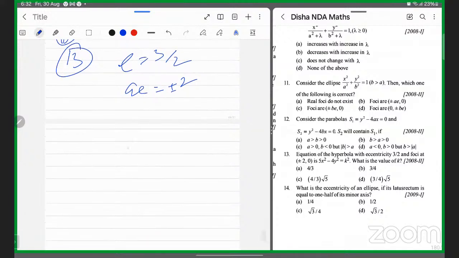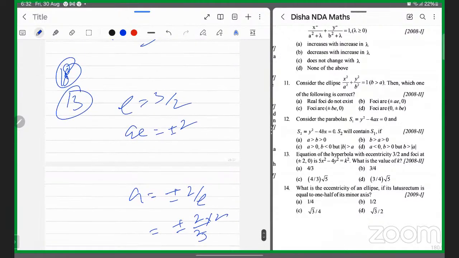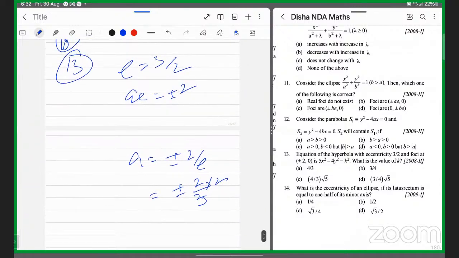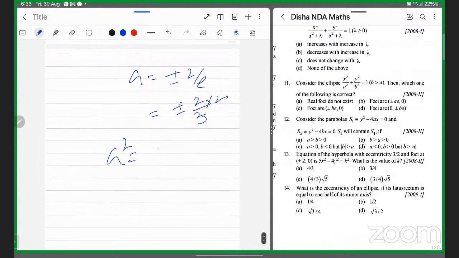Directly find the equation of the hyperbola. AE is plus minus 2, e is 3 by 2, so a equal to 4 by 3. A square is 16 by 9.